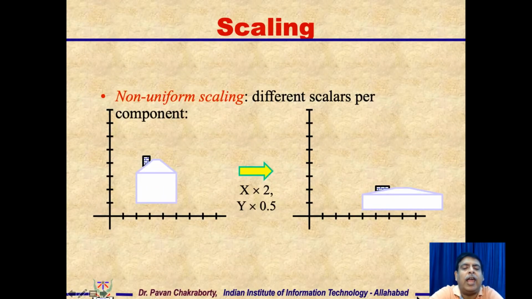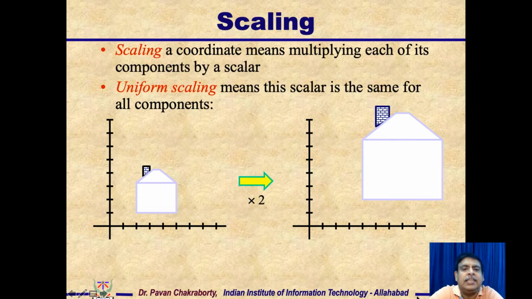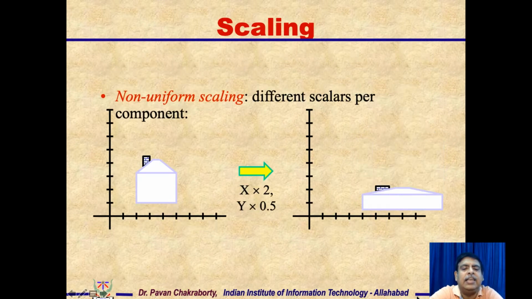So this is a non-uniform scaling or anisotropic scaling, while the previous case is called an isotropic scaling, and this case is an anisotropic scaling or a non-uniform scaling.